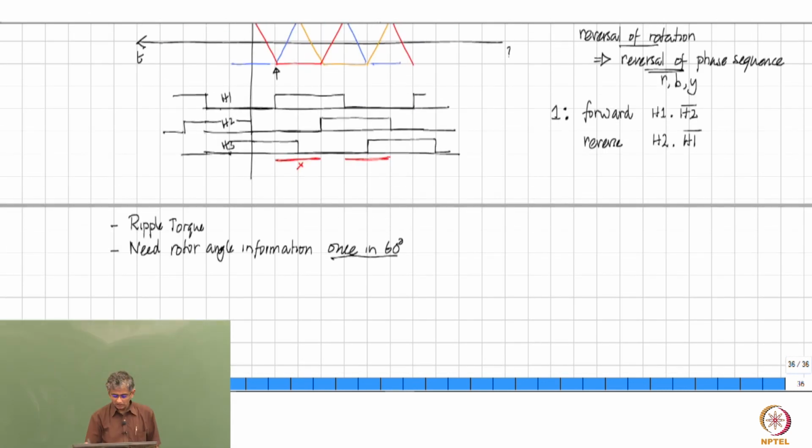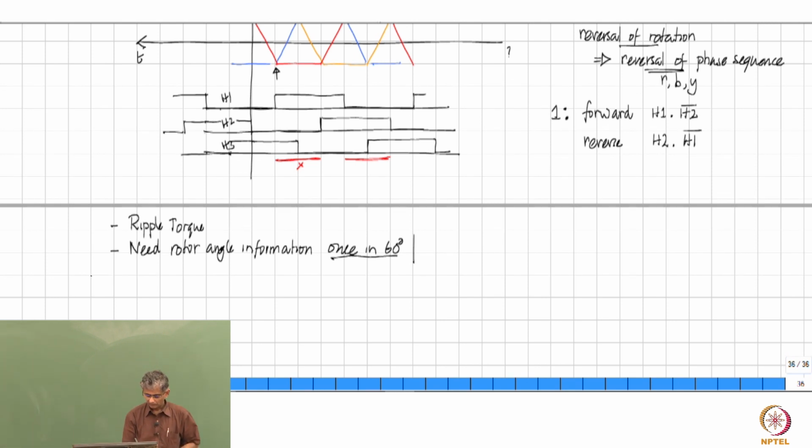Because in the interval of 60 degrees, the circuit simply looks like a DC circuit. DC current is supposed to flow. There is nothing you need to specifically control. Right? Of course, the only thing that you need to control is the magnitude of DC voltage to be applied. That you are already doing by having a high frequency switching waveform, which you use to define the duty ratio during that time, as we discussed in the last class.